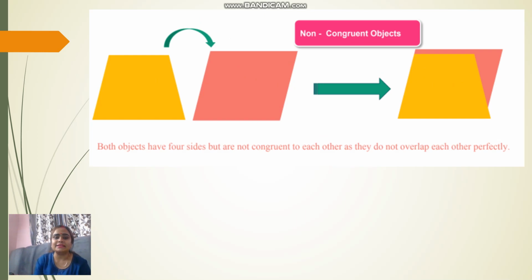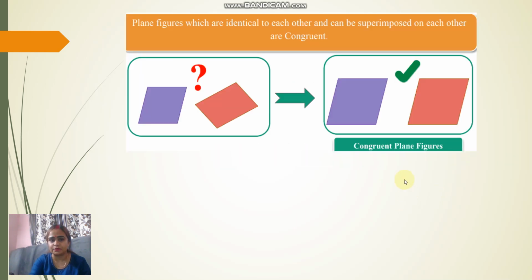Now look at these two figures. Both are four-sided, but are they congruent? No, because they cannot cover each other exactly. They do not overlap perfectly, so they are known as non-congruent figures.